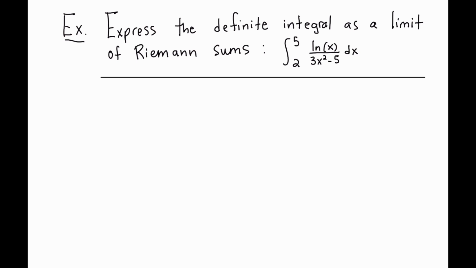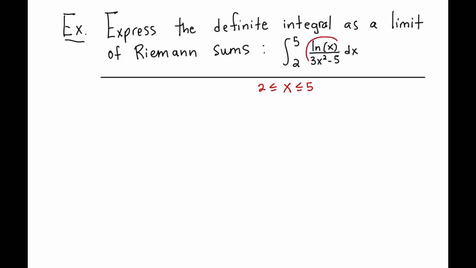I'm going to express the definite integral below as a limit of Riemann sums. The first thing I'm going to look at is what are called my bounds of integration. This tells me that x is between 2 and 5, so 2, 5 is the interval I am interested in.